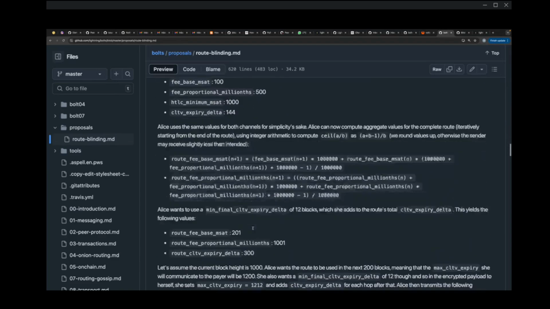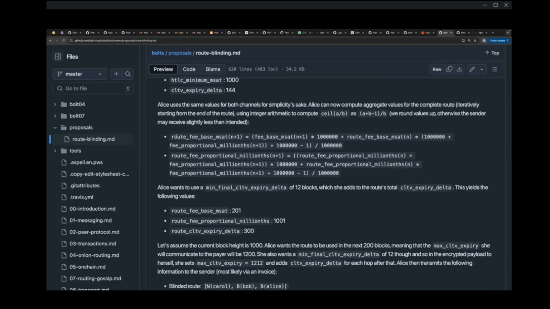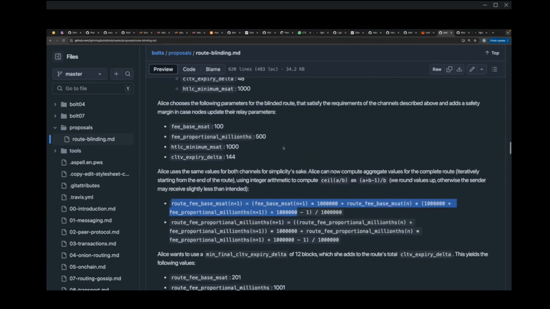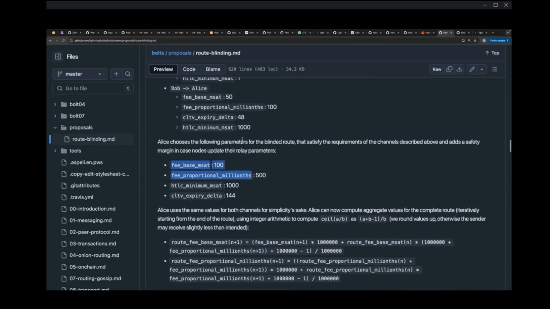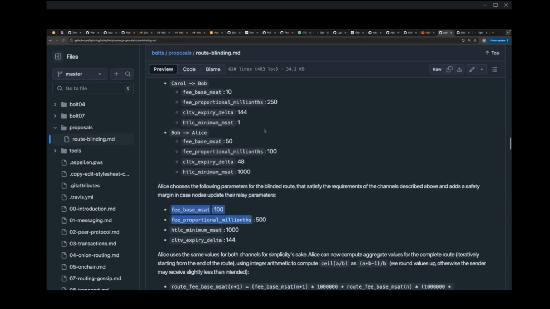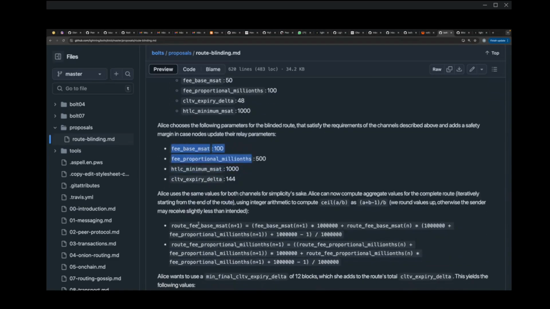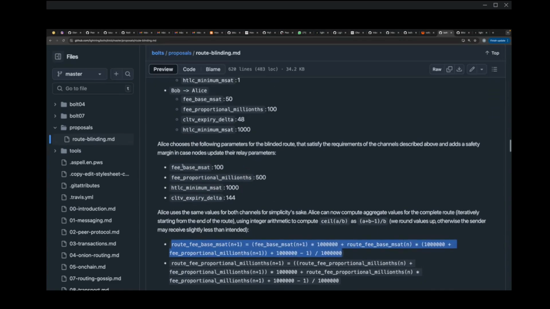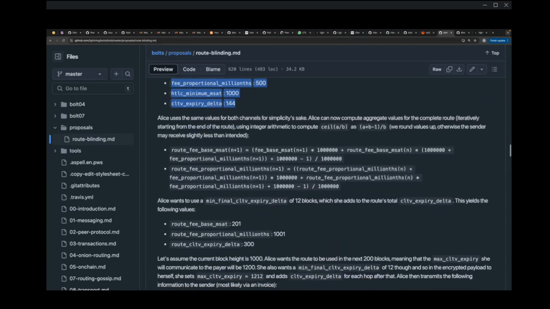This one here talks about how you set these fields up, the fee base msat or the proportional, because there are multiple nodes in the route and each one has different fee rates or whatever they charge for a payment. So these formulas could be used to derive what to set in these parameters.